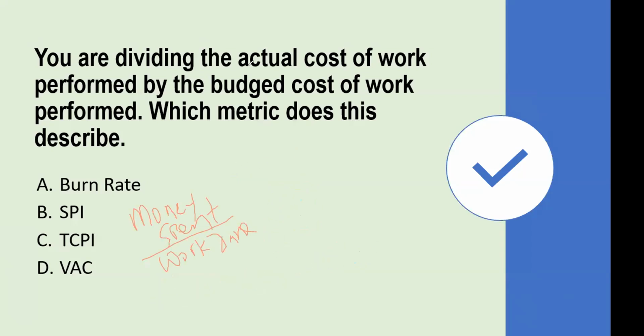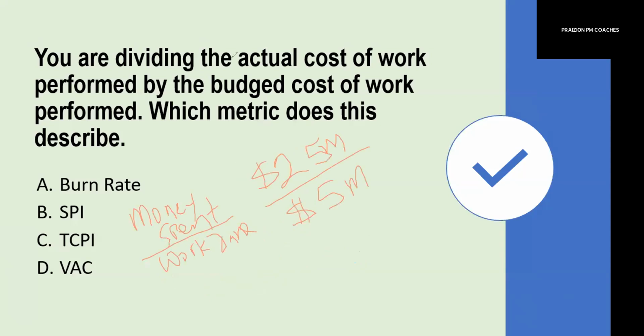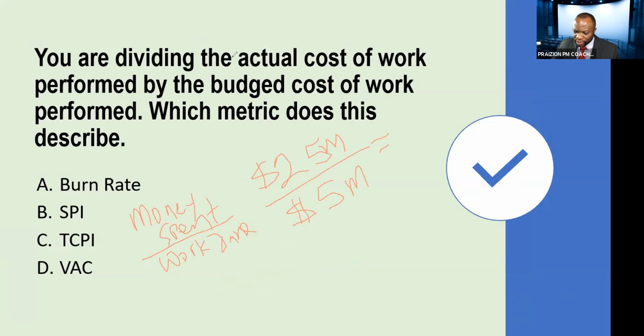If you have spent $25 million, but you have only achieved $5 million worth of work, what does that tell you? You are burning through your money 5 times quicker than you said you would.